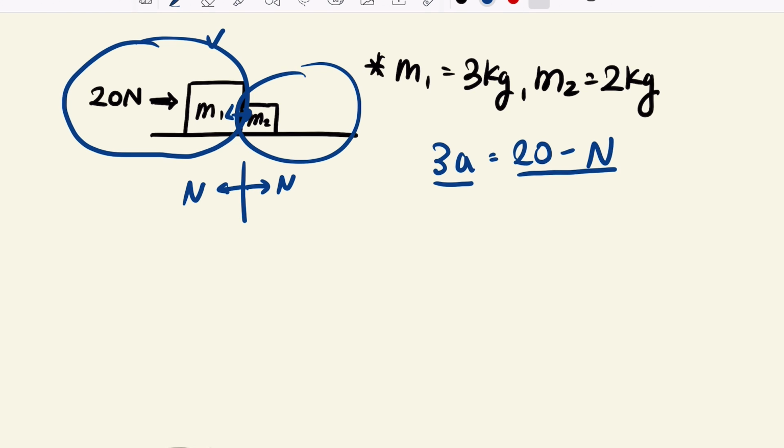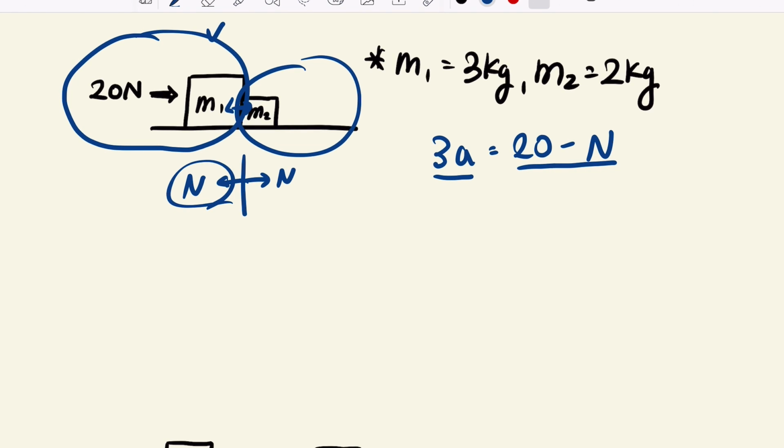Why is it 20 minus n? Because, not n minus 20, we're assuming that these two boxes are moving towards the right direction. So it would be 20 newtons to the right minus this n that's acting in the opposite direction of 20 newtons, so it would be 3a equals 20 minus n.